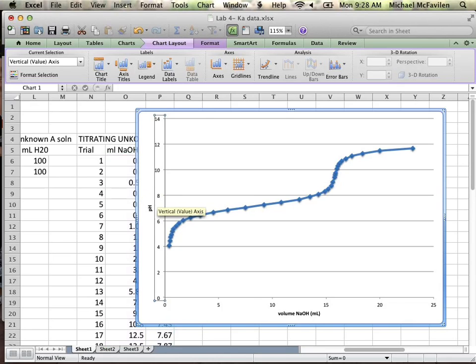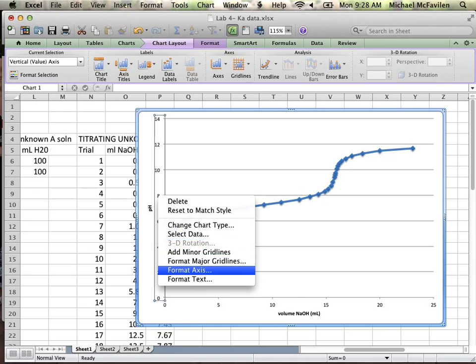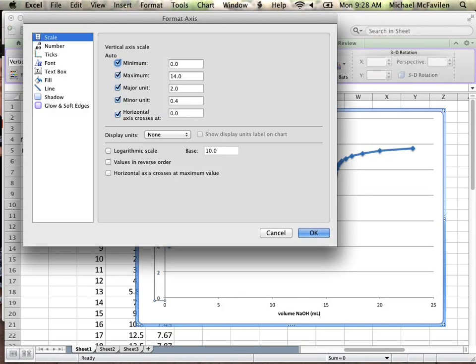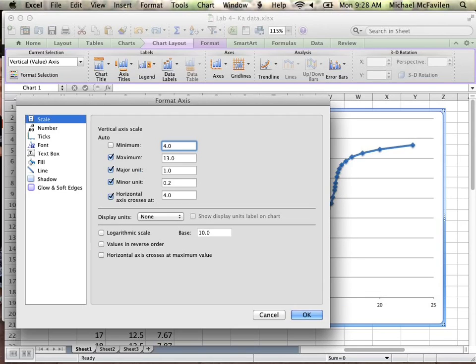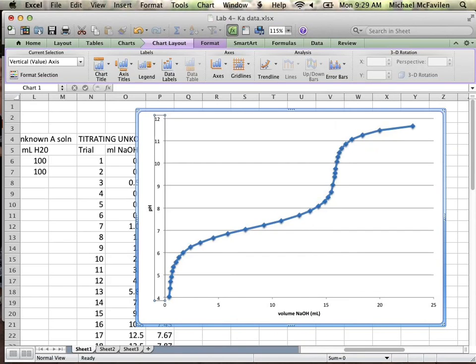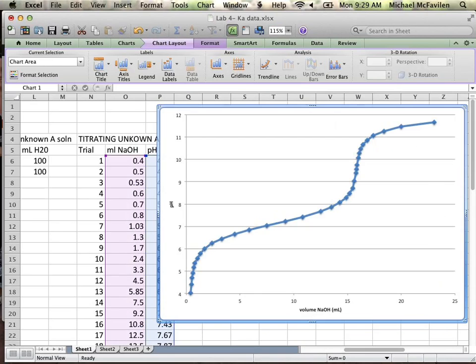That value, we're going to be doing lots of playing around with the axes in a little bit. Okay. That equivalence point shows up when we've added enough base to completely react with the acid, which means what happens to the pH?